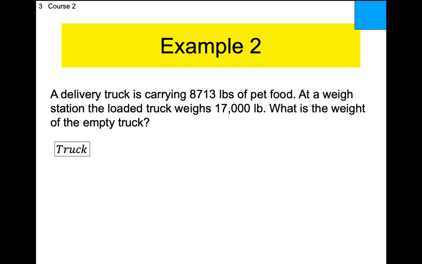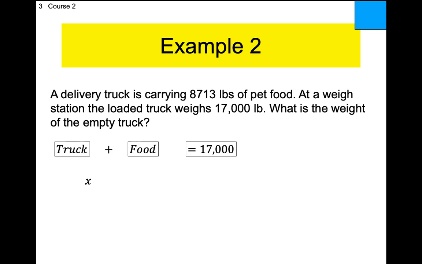So if we were to set up variables, we'd have a variable for the truck weight, right? We'd have a variable for the food weight, and together, added together, that equals, in this problem, 17,000 pounds. So of these three things, well, I know the total weight. I also know the weight of the food, right?